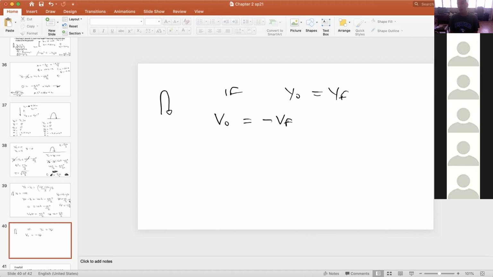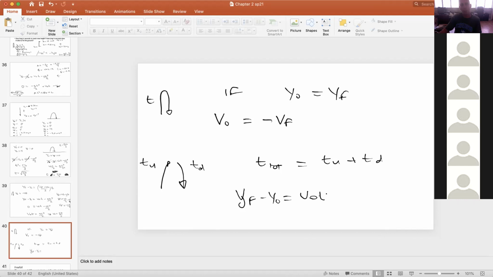That's a weird fact. The time to launch up and the time to go down are actually equal. So let's call this t up and t down. The total time is equal to t up plus t down, and y final minus y initial is equal to v naught t minus g t squared over 2.